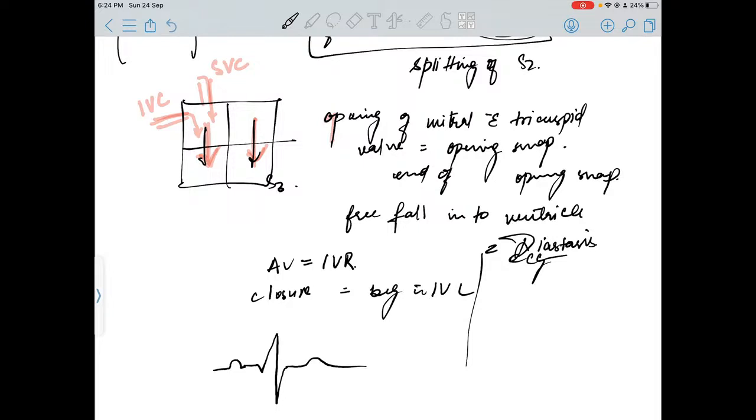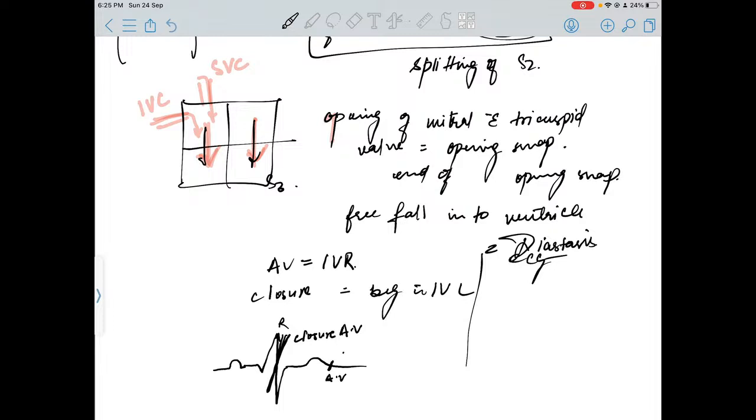So opening of the AV is happening here, at the end of the T wave, and closure of the AV is happening in the later half of the R wave. This is the R wave. So somewhere here the closure of the AV is happening, right?